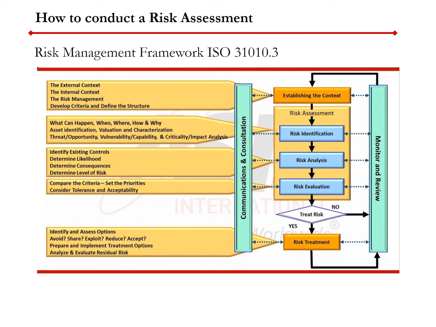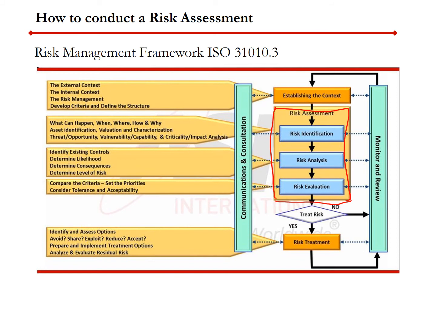In carrying out risk assessment, you could follow this framework, which is the risk management framework from ISO. Risk assessment is just the one here in the middle, which has risk identification, risk analysis, and risk evaluation. The entire framework is called risk management.